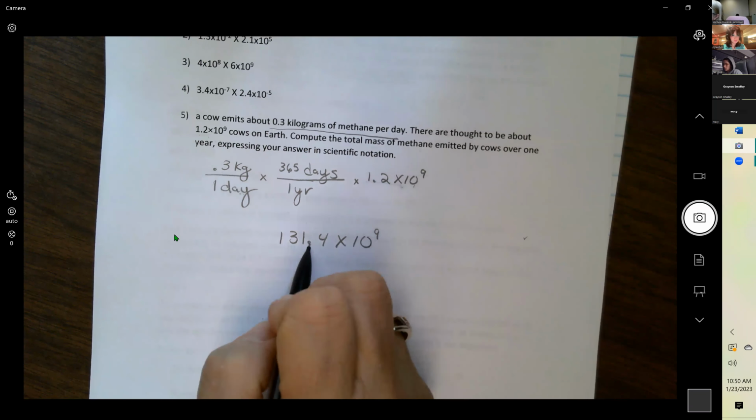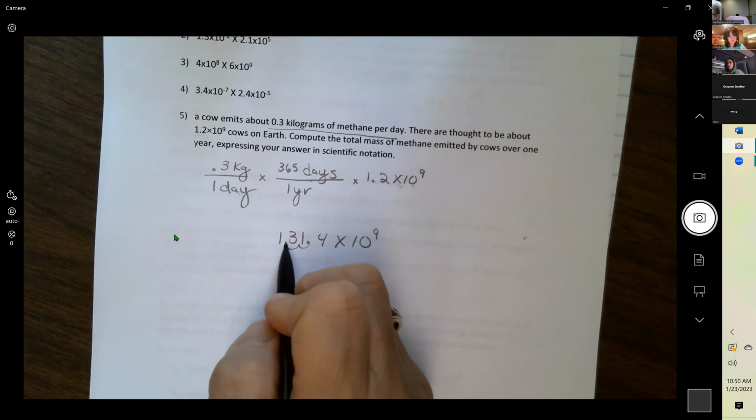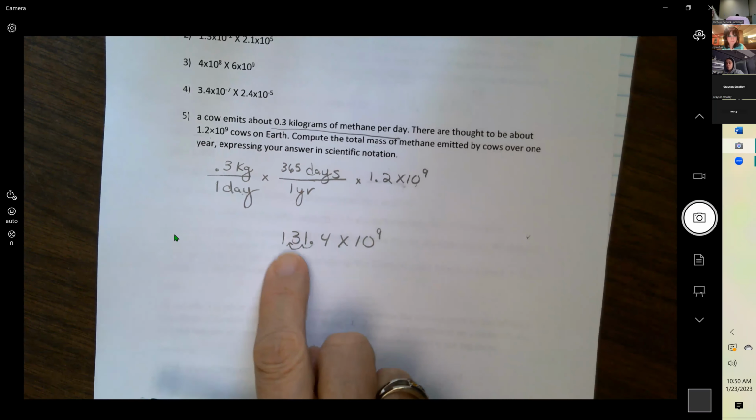So to rewrite this in scientific notation, I need to move 2 places to the left. I need to make this smaller by 2.